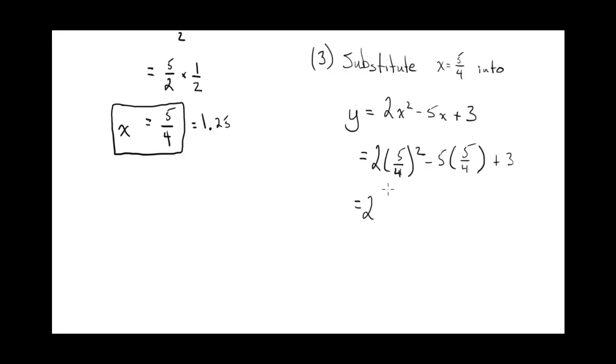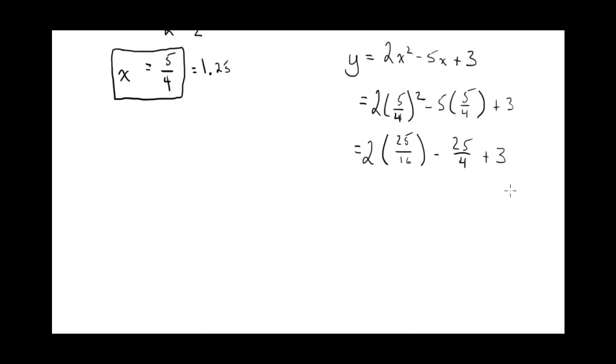So 2, do the exponent first, 25 over 16 minus 25 over 4 plus 3. We can simplify this first thing a little bit. Right? Remember, this is 2 over 1. 2 and 16 have common divisors of 2, so it becomes 1 and 8. So 25 over 8. Maybe at the same time recognize that I need a common denominator now of 8.